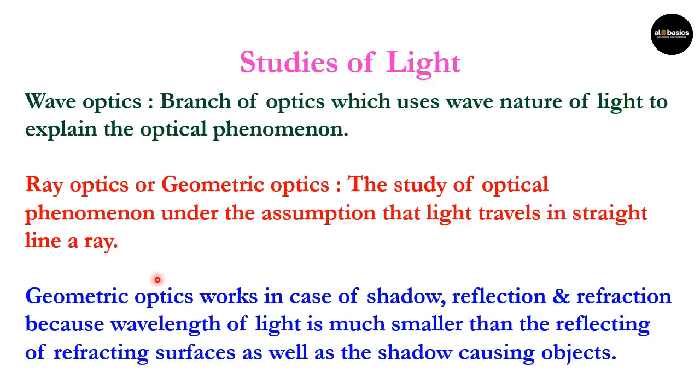Due to that, geometric optics or ray optics works in the case of shadow, reflection, and refraction, because the wavelength of light is much smaller than the reflecting or refracting surfaces as well as the shadow-causing objects.